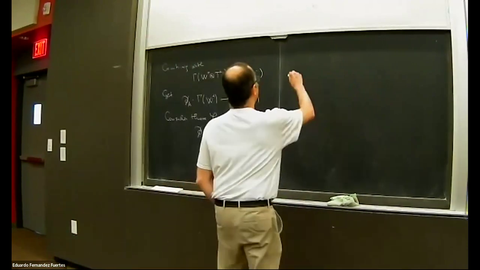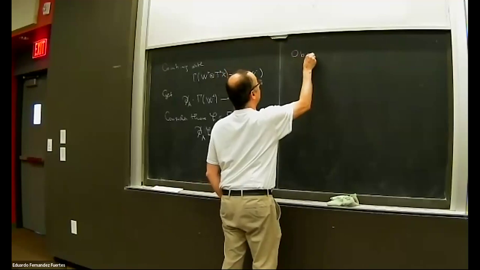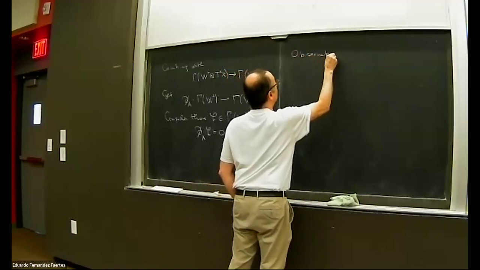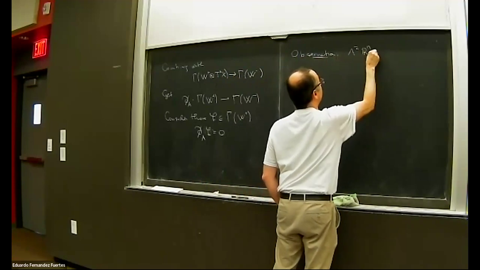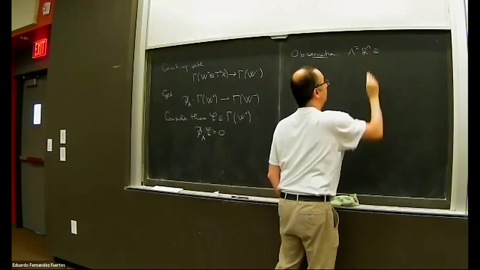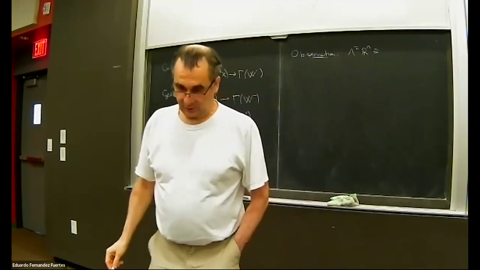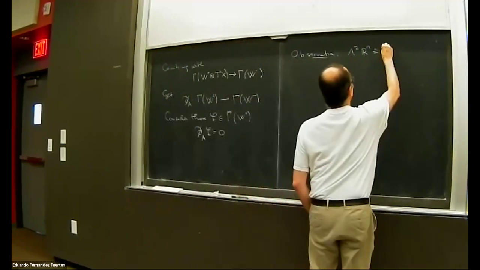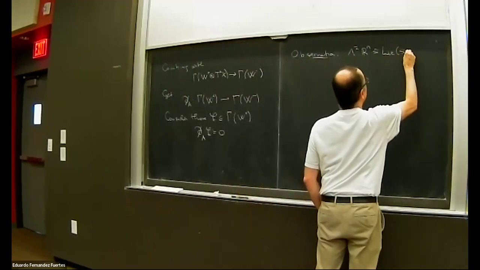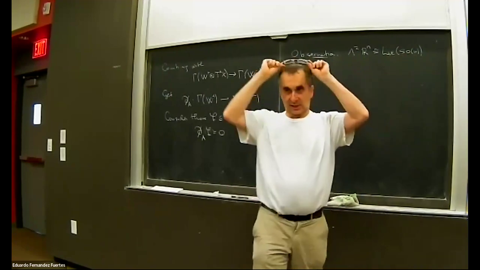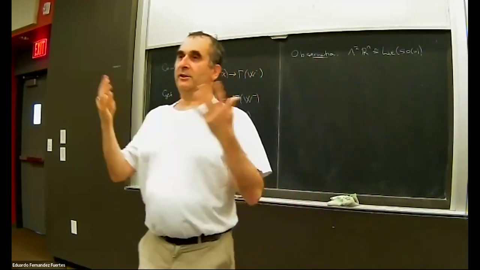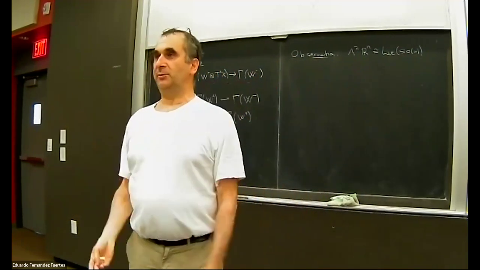And this starts with an observation that we take two forms on Rn, and this happens to be isomorphic to the Lie algebra of SON. So we have to remember that SON is just the n by n orthogonal matrices with determinant 1.